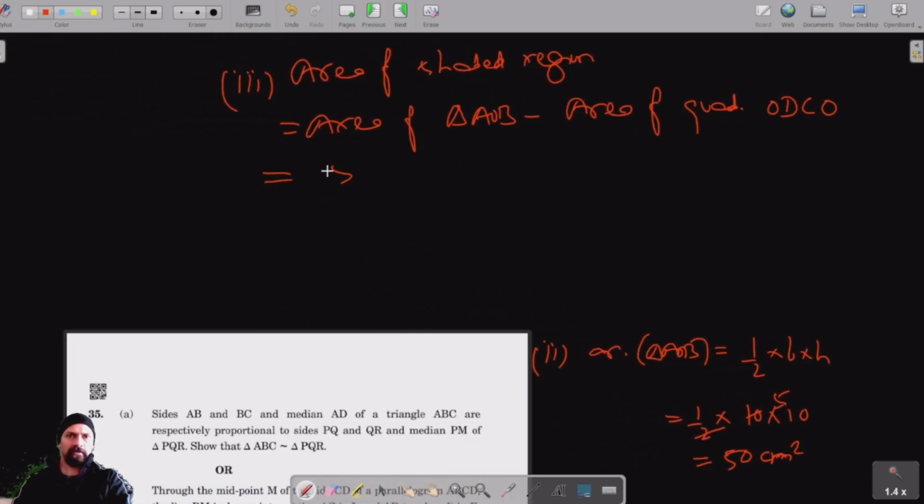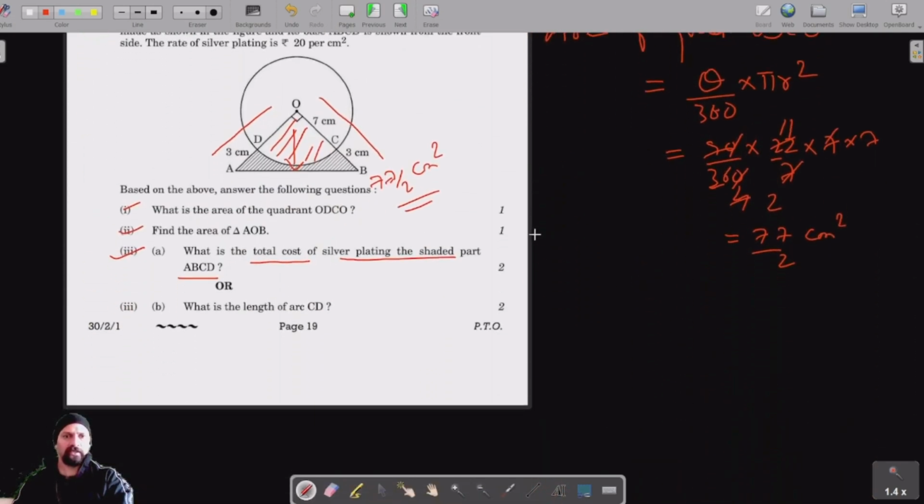Now area of triangle AOB is 50 and ODCO is 77 by 2. So this is 100 minus 77 by 2, which will be equal to 23 by 2 centimeter square. This is the area of the shaded region.